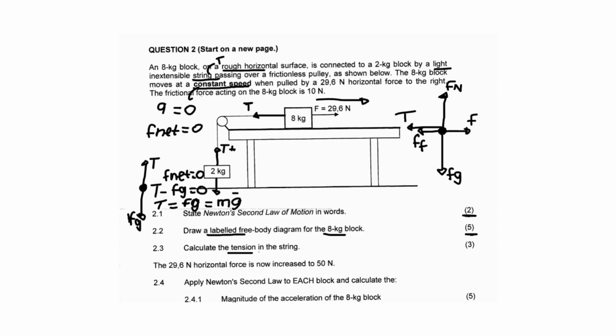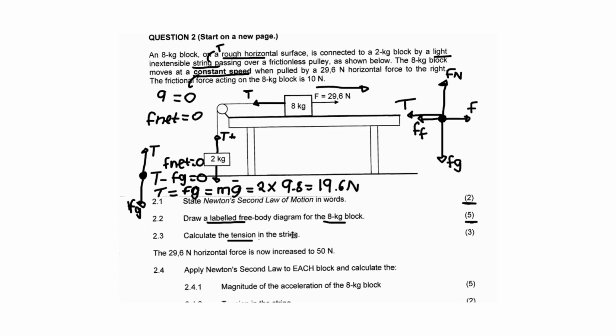We know Fg is mass times gravitational acceleration, and the mass is 2 times 9.8. 2 times 9.8 gives us 19.6 newtons. So the tension in the string is 19.6 newtons.